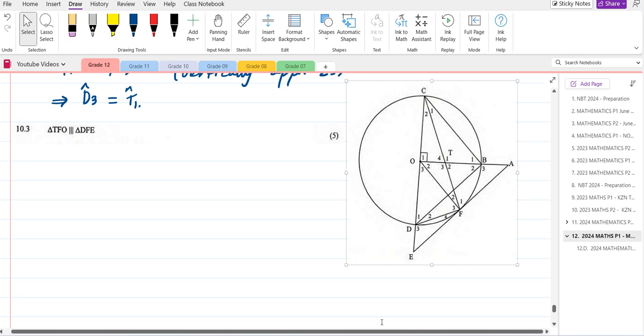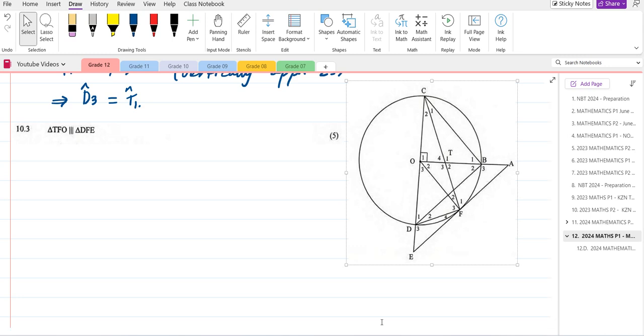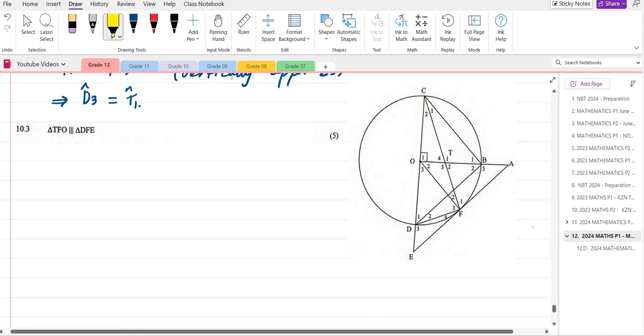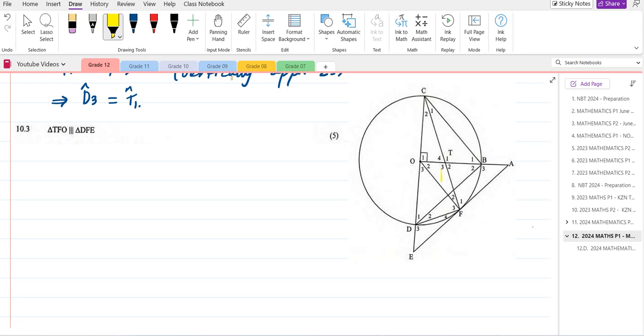Let's solve this. We got TFO. So this is the first triangle TFO and DFE, and the second triangle.